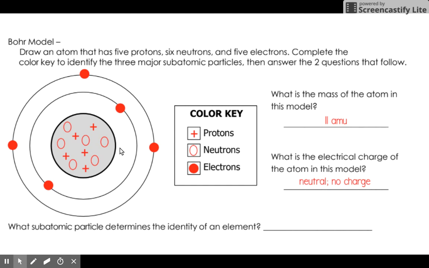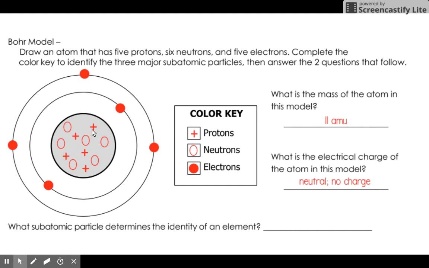The next question, what subatomic particle determines the identity of an element? Well, if we think of the protons as our ID number, as we said earlier this year, your ID number determines who you are, just like the protons. So if I look and count how many protons are in the center of this atom, that is the ID number that lets me know what the element is on the periodic table.